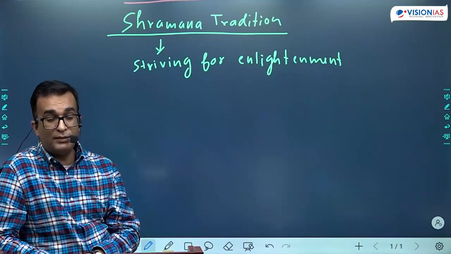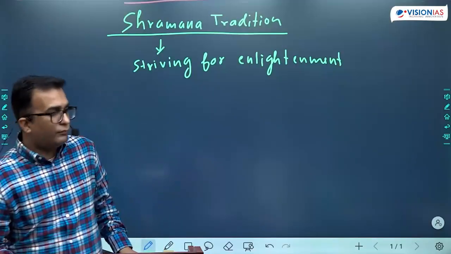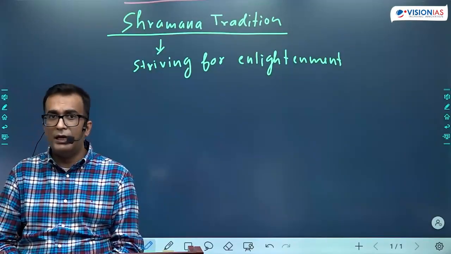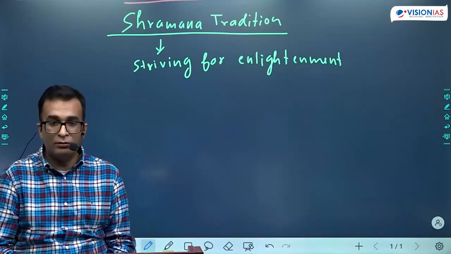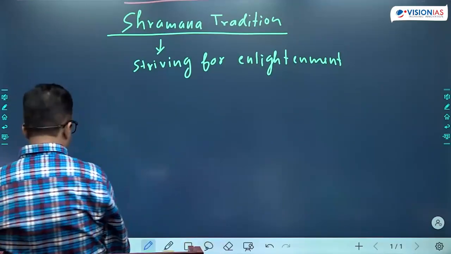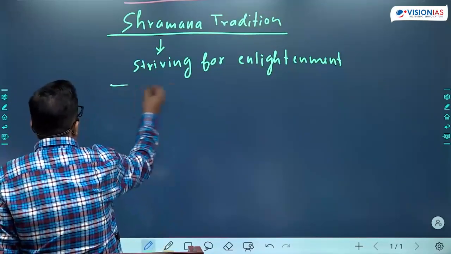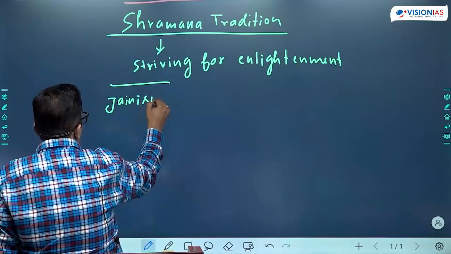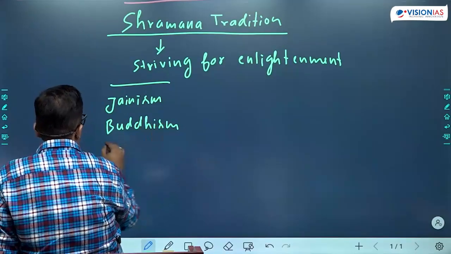In the 6th century BC, Shramana movement gave rise to three progressive religions of that time, that is Jainism, Buddhism and Ajivika.